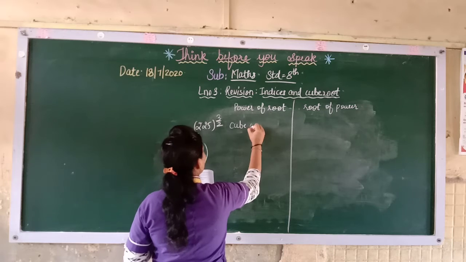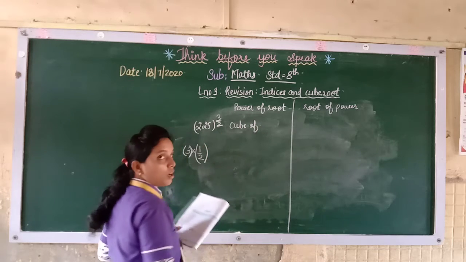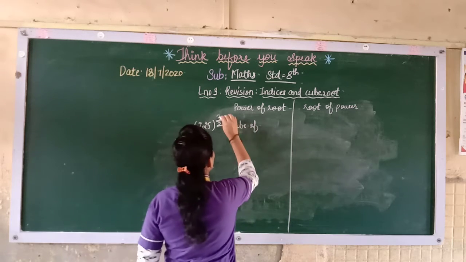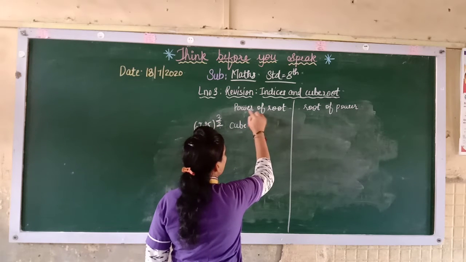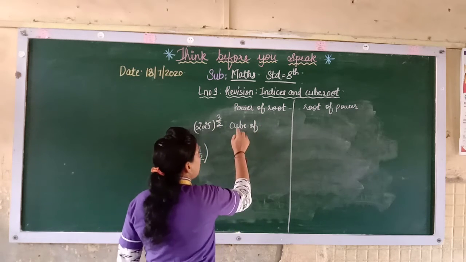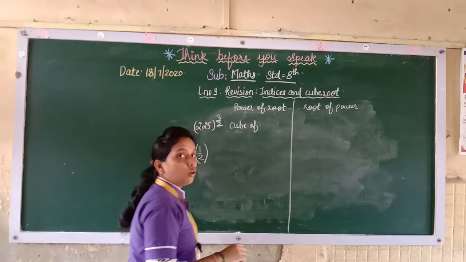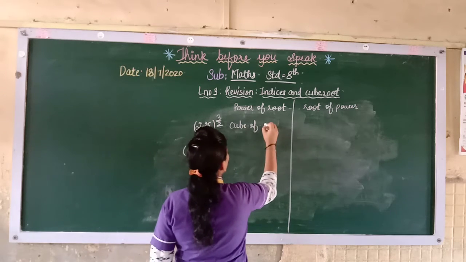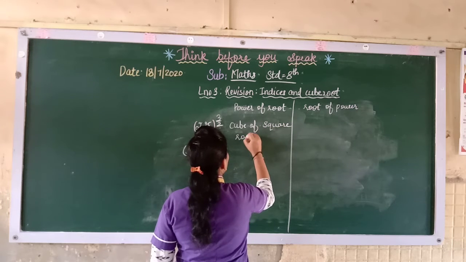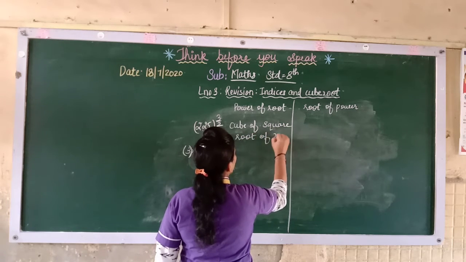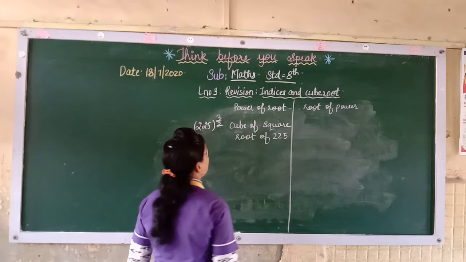Correct? Now cube of 1 by 2 is what? Square root. So cube of square root of 225, because it is power of root. First we have to write power, then we have to write root. So here it will come cube of square root of 225.